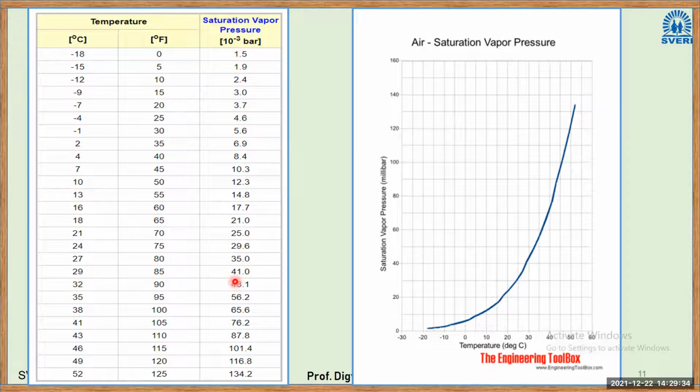As it is not saturated, the vapor pressure of the water is very low compared to 48.1 millibar. It may be 24, 20, or 30, but it is not 48.1 millibar. So at 32 degrees Celsius, when the partial pressure of water vapor reaches 48.1, air becomes saturated. As the temperature increases, this Psat value also increases.